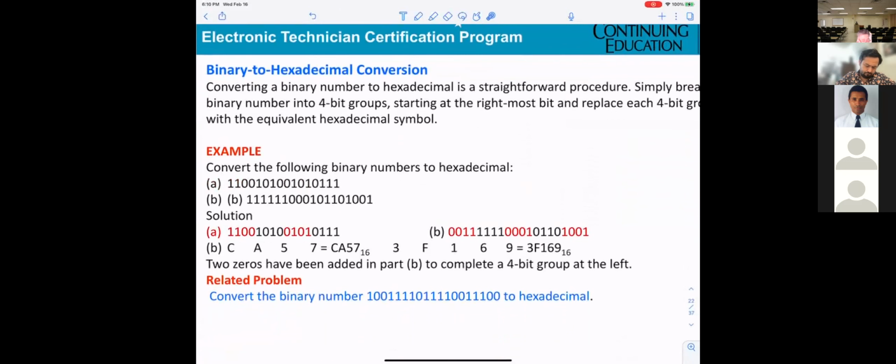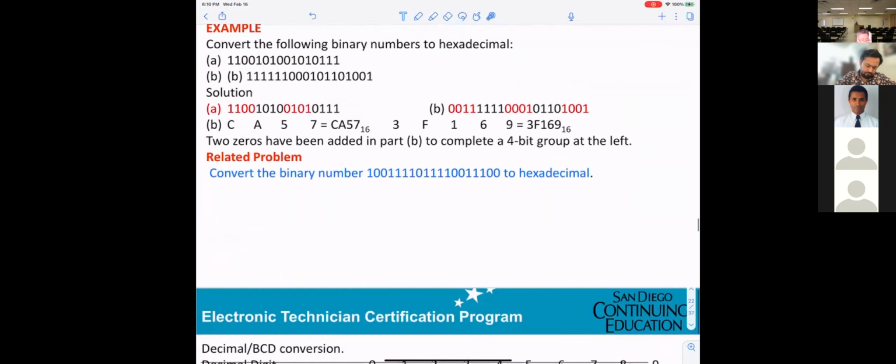Now, this is the point you must know how to do on the exam. If they give you binary and want hexadecimal, how can we do it? Line number A, I want the hex number.